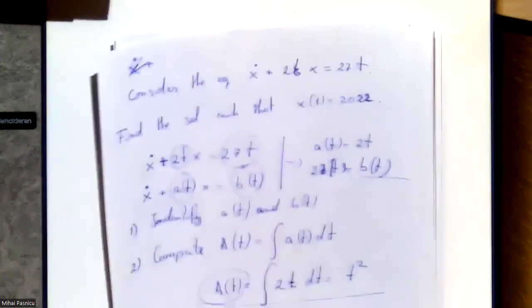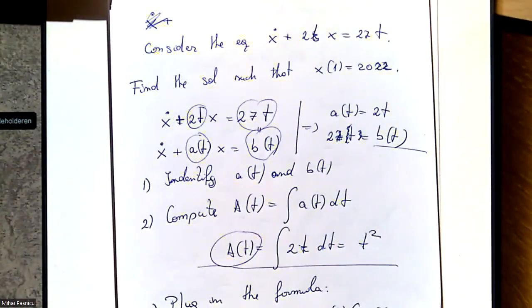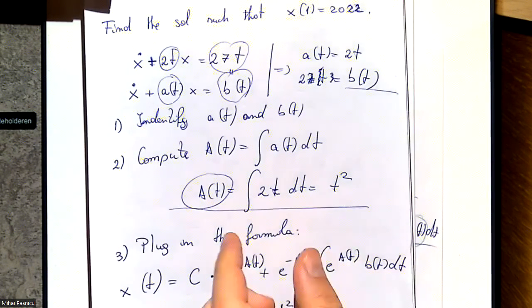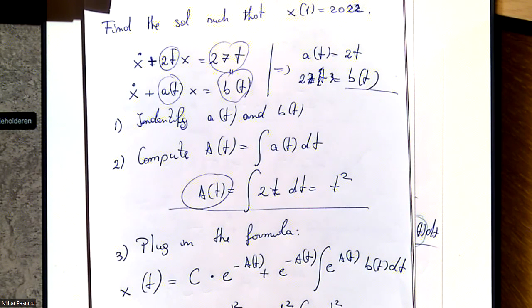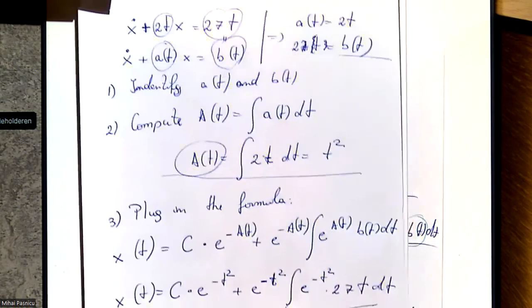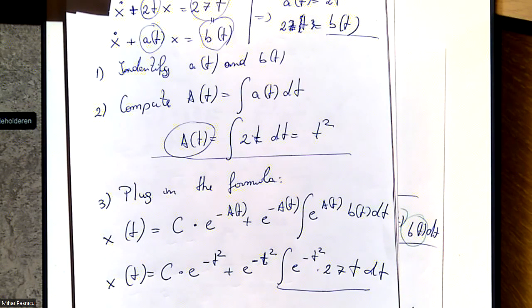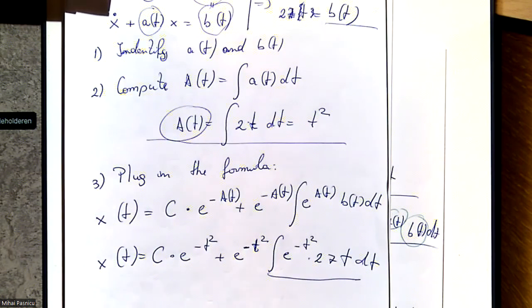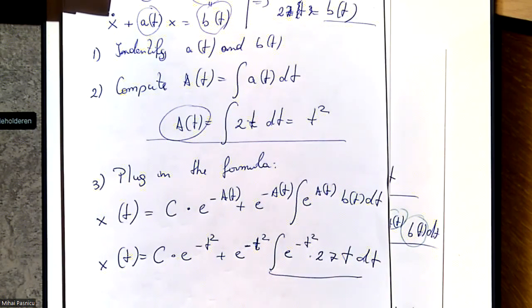Again, when we're given an equation, you first identify your a(t) and b(t), because if it's linear, this method applies; if it's separable, we have some other methods which we're going to do tomorrow. But if it's linear, you identify your parts, you compute the integral of the small a, which I think should be very easy all the time, and then you plug in the formula, your a(t), and then you solve the remaining integral.